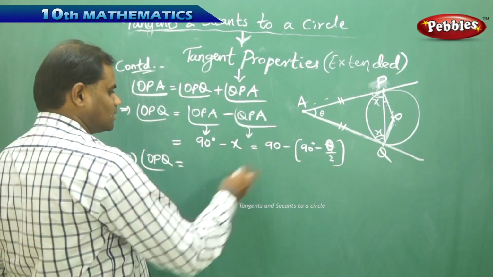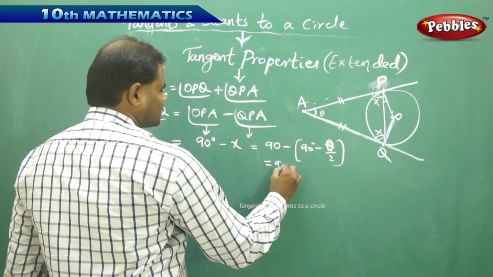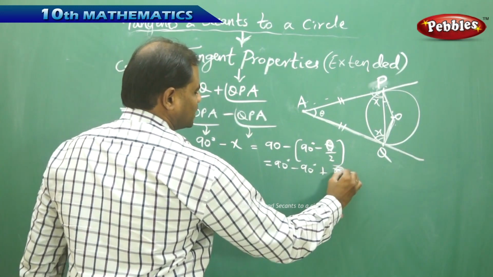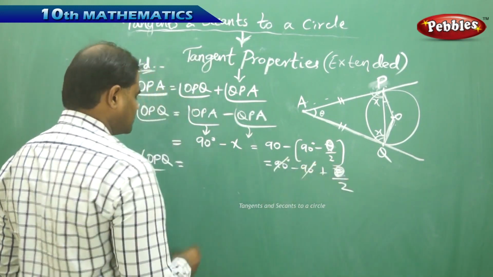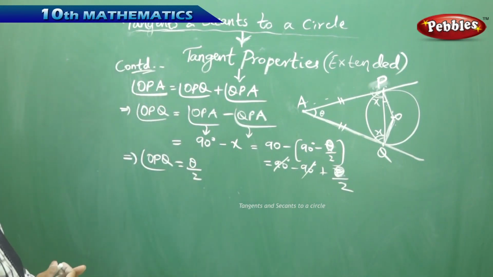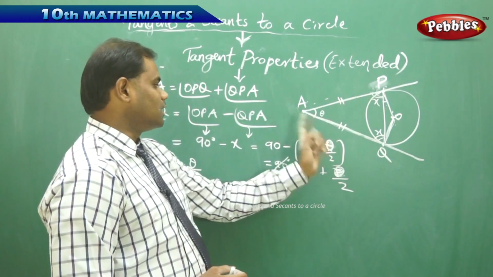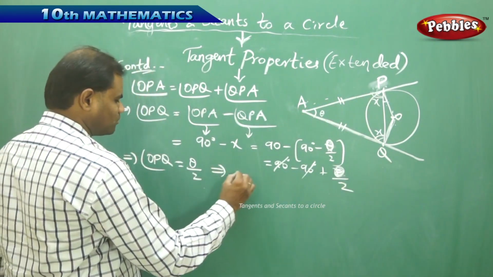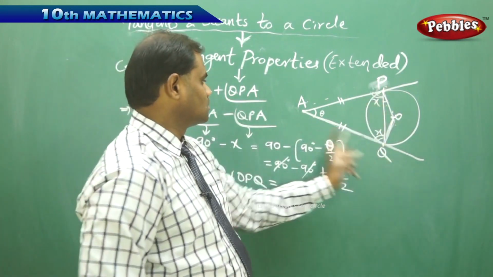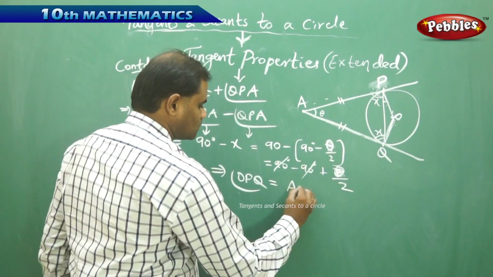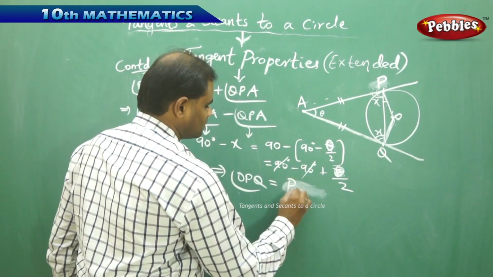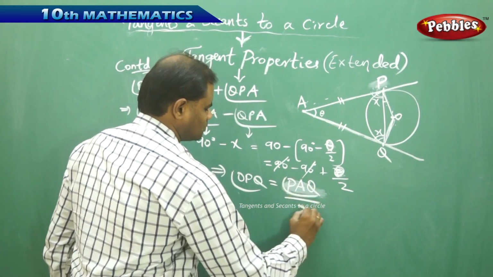So simplifying this further, I get 90 minus 90 plus theta by 2. On cancellation this gives me theta by 2, where theta is angle PAQ. Therefore, angle OPQ is angle PAQ by 2.